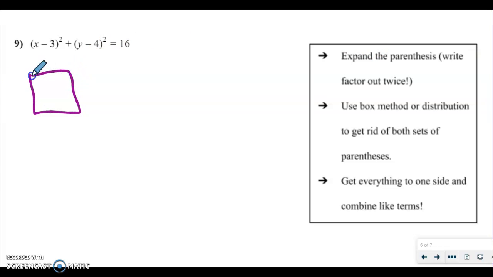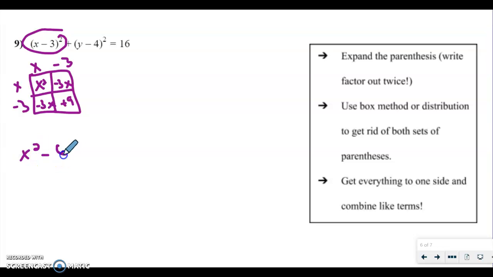So we're going to take x minus 3 times x minus 3. X in x is x squared. X in negative 3 is negative 3x. Negative 3x, plus 9. So this turns out to be x squared minus 6x plus 9.